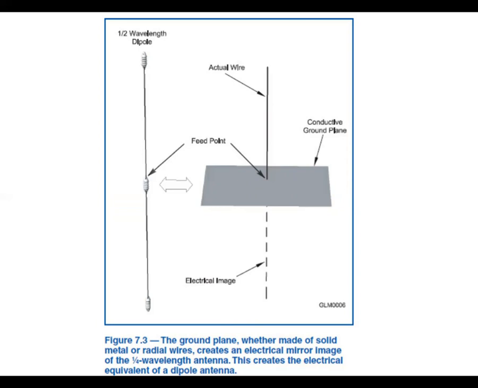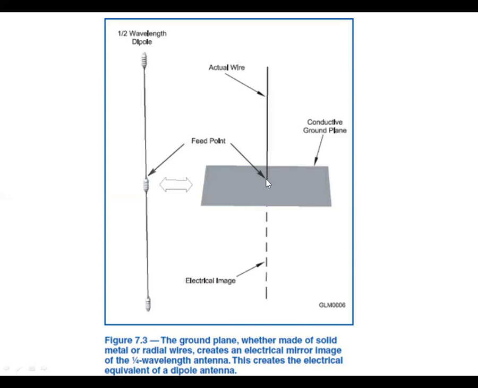It's just a capacitance that can absorb and store that energy on the negative part of the cycle, or half the cycle, and then return it back to the system. So there's several different ways. You can do a conductive ground plane, and electrically this looks like the half of the dipole antenna is not there.